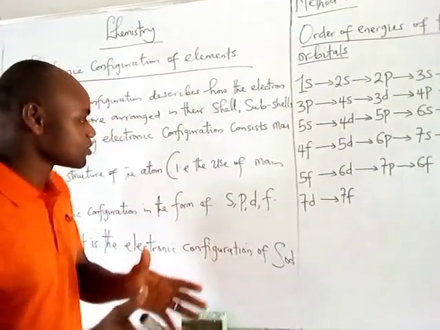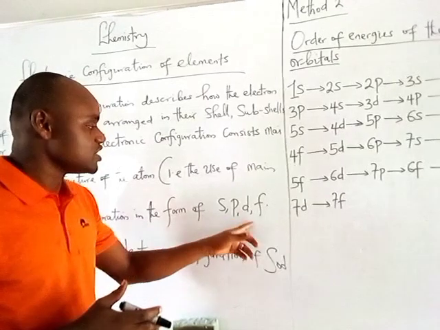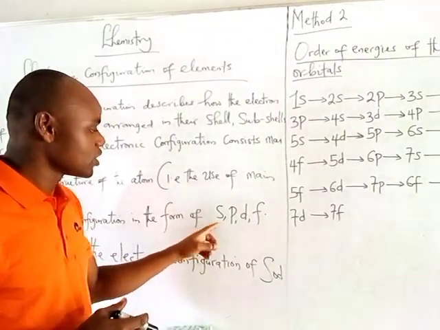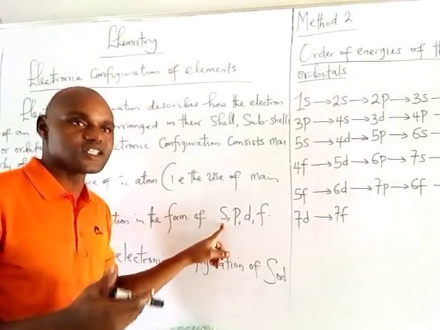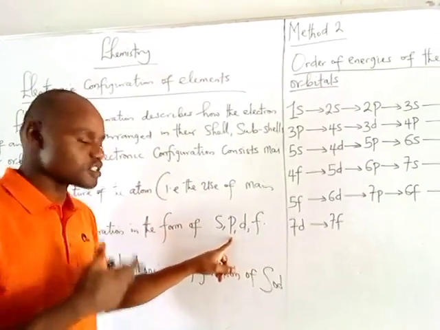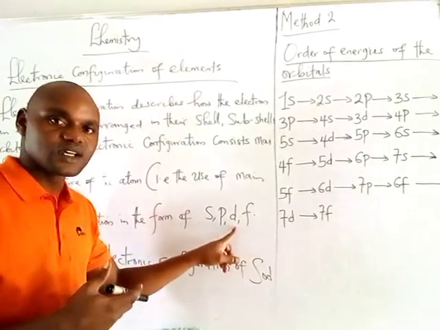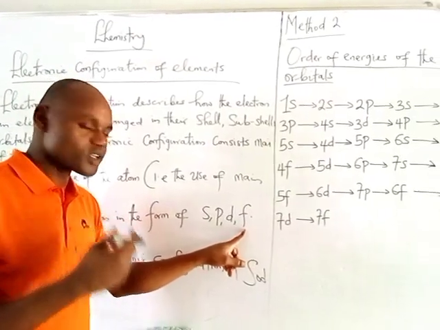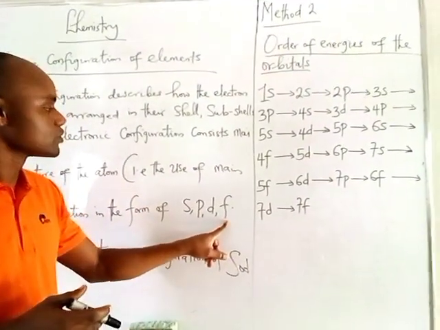So from that explanation, the quantum level of orbital S is lower than that of P. P is also lower than that of D, while F has the highest quantum level. Please take note of that.